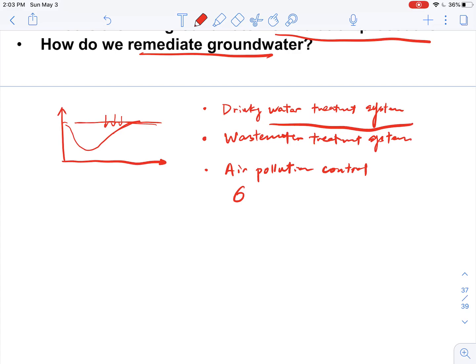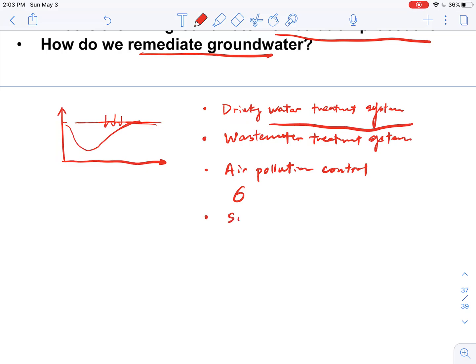For particulate matter, we have cyclones, electrostatic precipitator, we can use filtration. And for these gas pollutants, we can use, for example, the pre-combustion method, post-combustion method, and also in-combustion for the nitrogen oxide control.